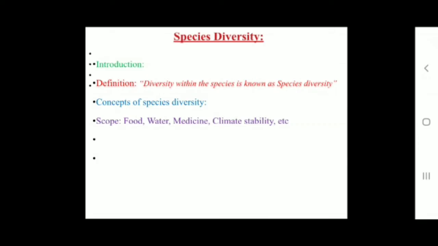Species generally exist as a natural entity possessing certain common characters which are distinct from their close relatives. Therefore, there are spatial and temporal variations in species distribution.